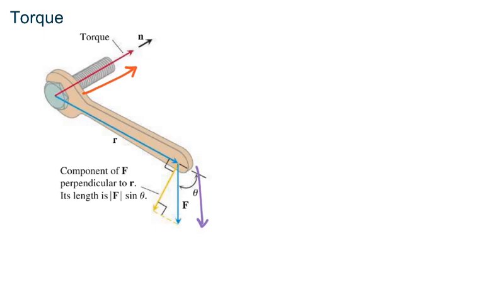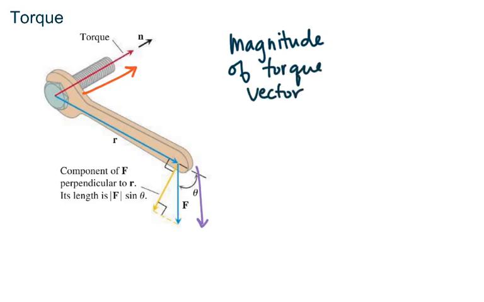So the number we use to measure the torque's magnitude is a product of the length of this lever arm R and the scalar component of F, that perpendicular force being applied to R. So in notation, what we can say is that the magnitude of the torque vector is going to equal the magnitude of R, being the length of the lever arm, times the magnitude of the force applied perpendicularly, so we use sine theta.